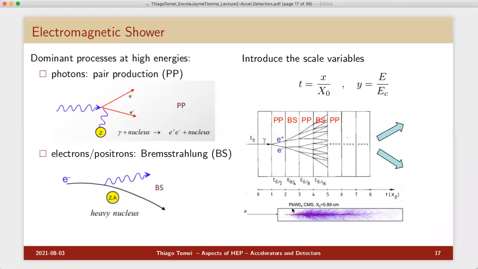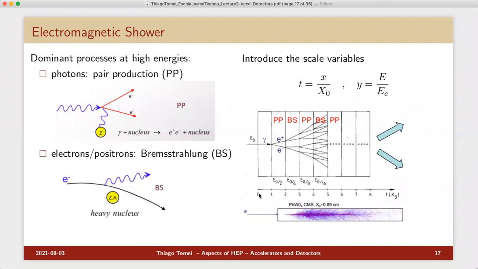And what's happening here is an electromagnetic shower, and of course, it doesn't matter what the initial particle is. If it's an electron here in the beginning, it will just start with a Bremsstrahlung instead.